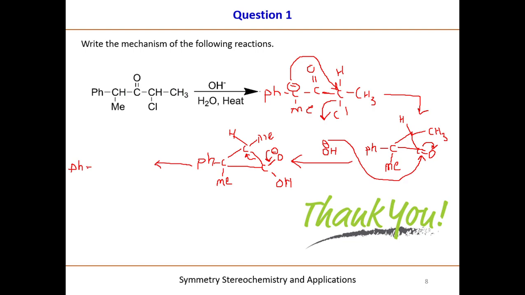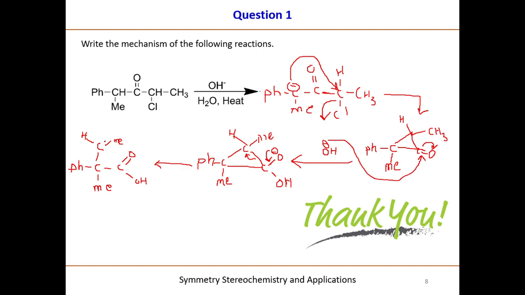PH carbon methyl carbon methyl H C double bond O OH acid, correct?